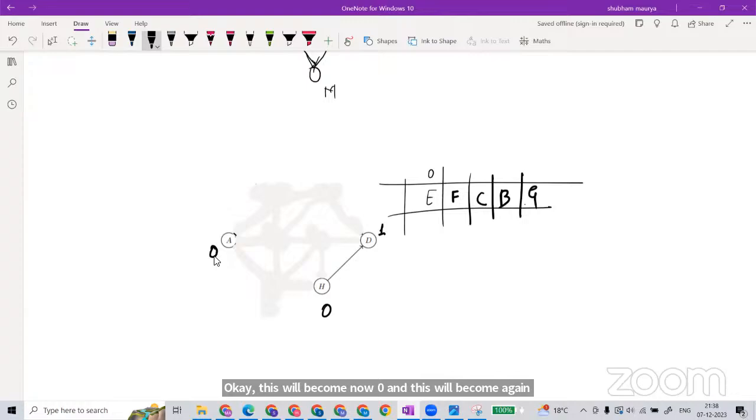So now we have two, either we can take A or H, anyone we can take. So let's take H here.